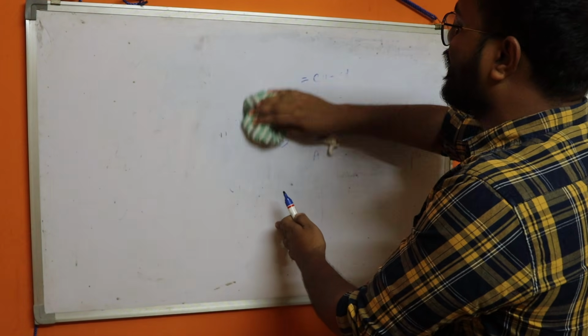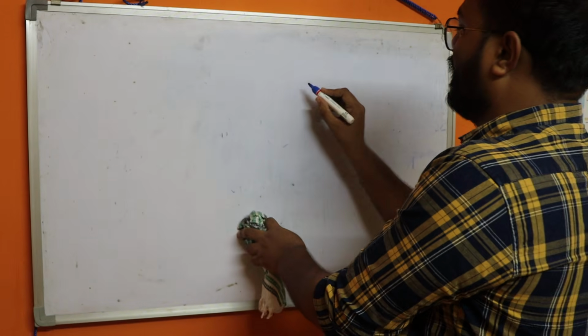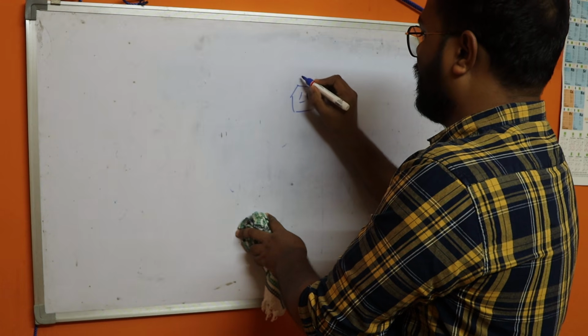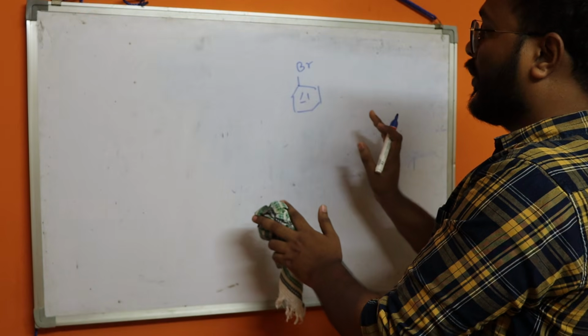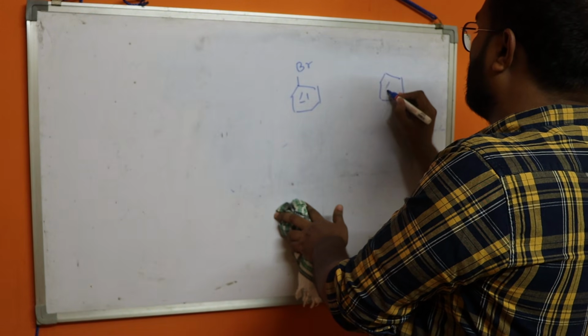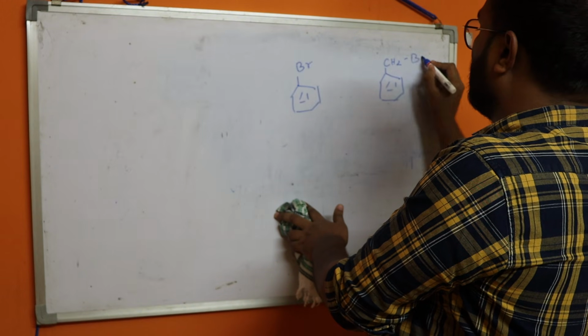So in the haloarenes also, we have this simple haloarene. This is called bromobenzene. But there is another kind of these things, CH2Br.